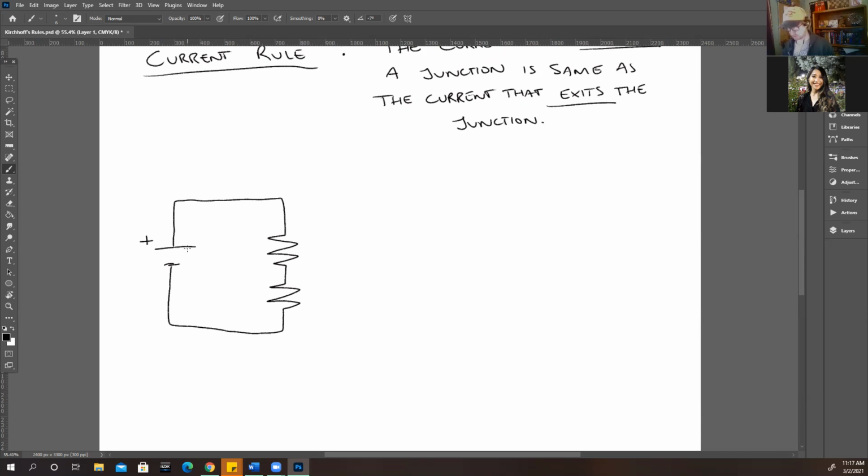We saw from last week that whatever amount the battery was putting out, how much voltage it was supplying, so for the lab, it was 9 volts. Within that closed loop, you see this loop is closed, the sum of the voltages was 0.